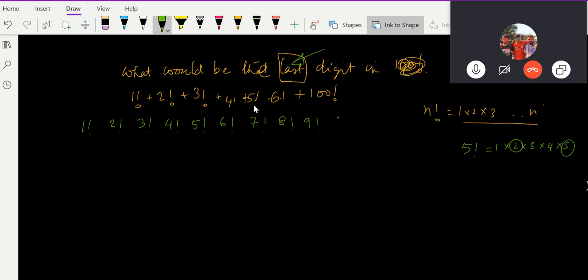See, when I was checking for the last digit, what did I do? I checked the factorial from where the last digit 0 starts, and I summed up all the numbers before that.